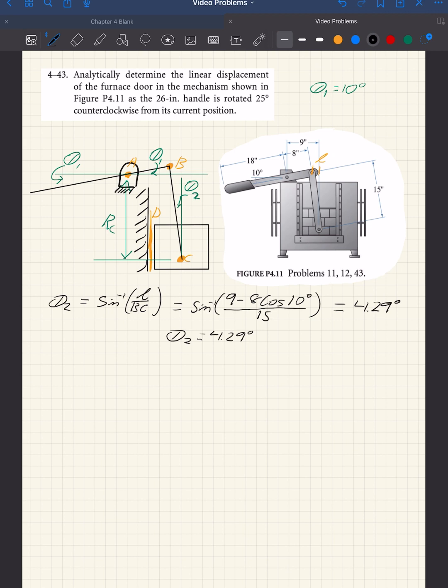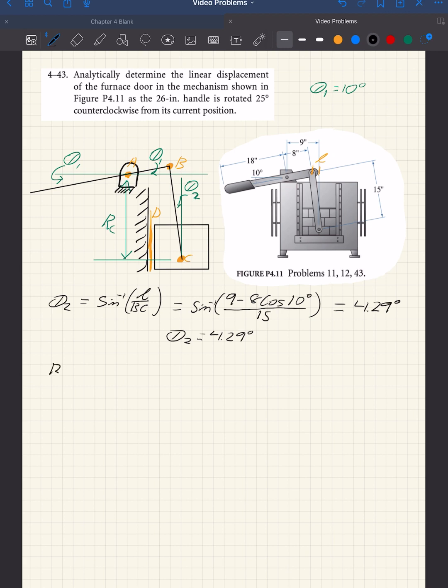Okay, coming back to what we're solving, right now we're looking for RC. So RC is nothing but this length BC taken in the vertical minus the vertical length AB.